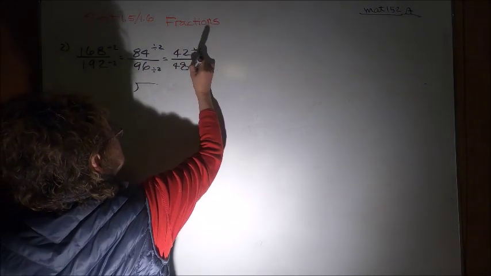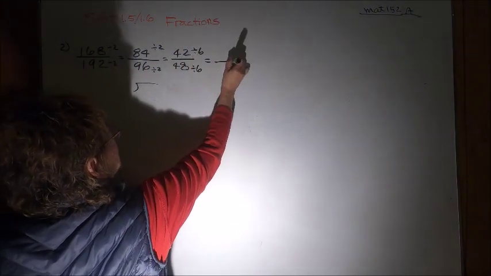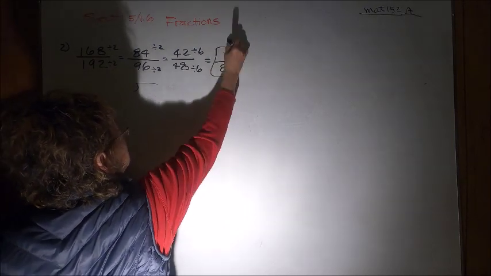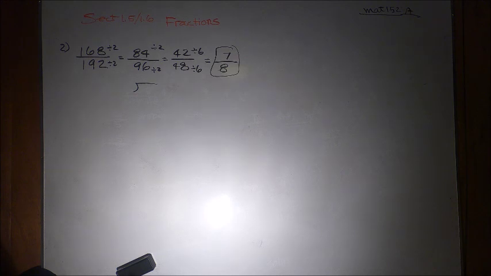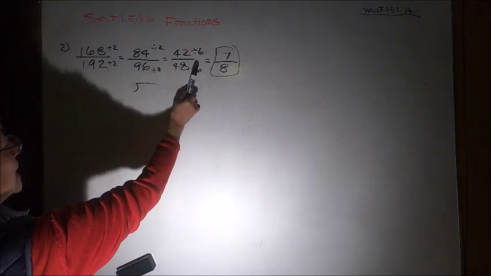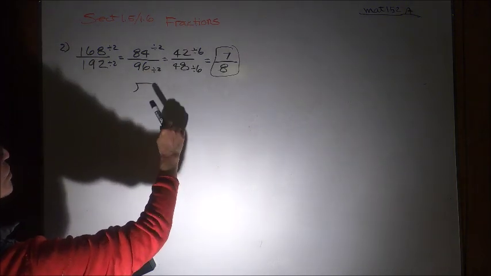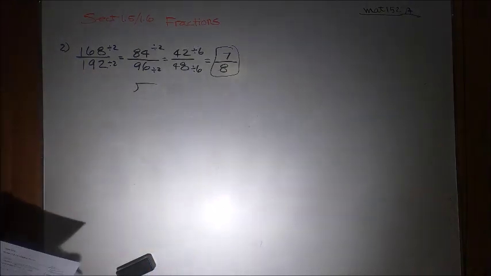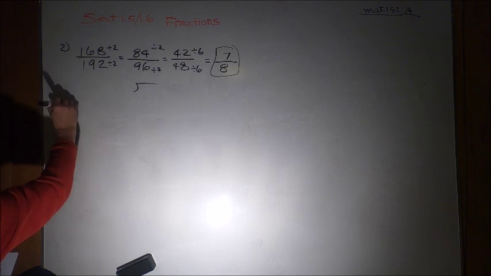So instead you do 42 divided by 6, 7, and 48 divided by 6 is 8, right? That would be your answer. If you don't see the 6 right away, you can do 2, then you can do 3. 2 and 3 is 6. Or you can do it directly.